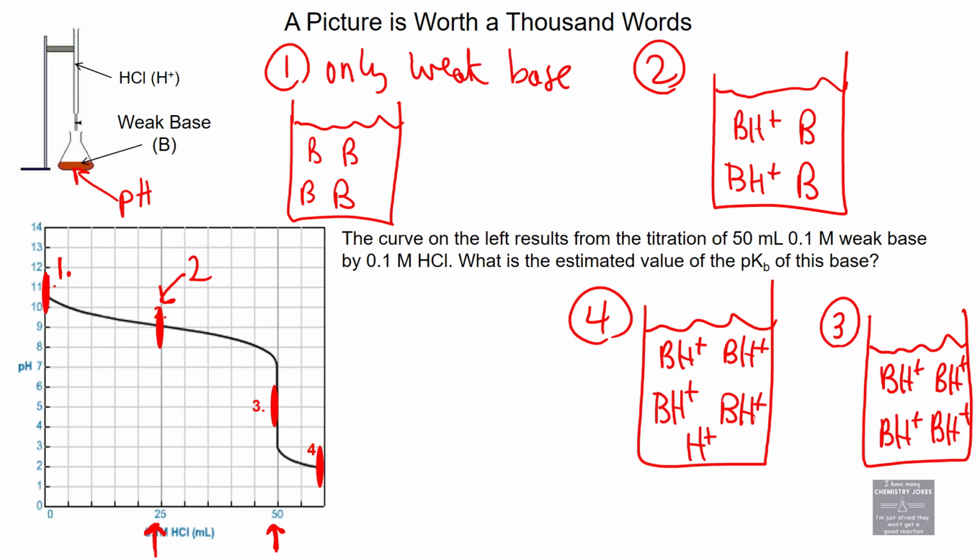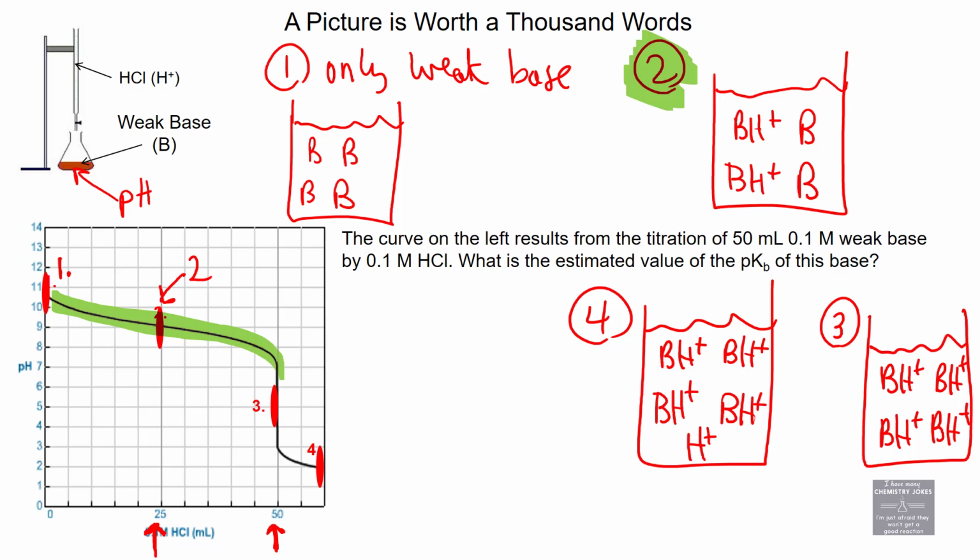So on this titration curve, you can find yourself in 4 possible situations. These are what the 4 pictures would look like. One little thing before we move along and actually answer the question that's asked here. Anywhere before the equivalence point, but after the instant that you start dripping in solution, anywhere along that curve, you're in situation number 2.